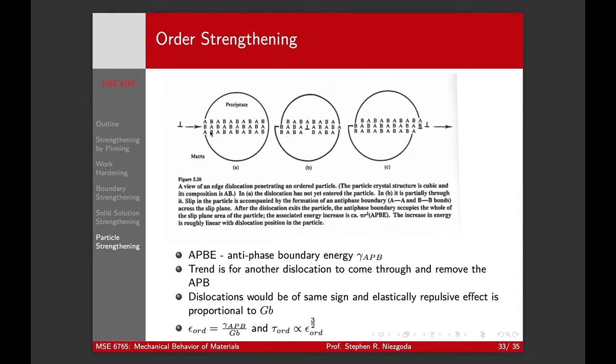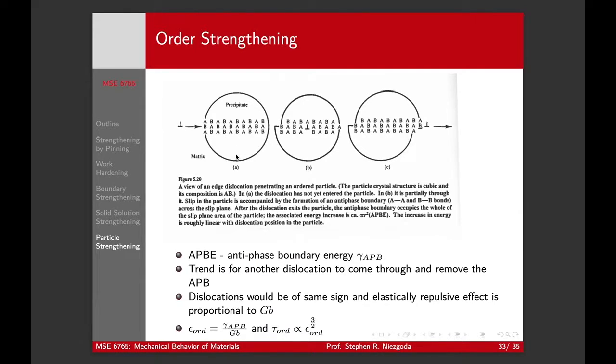We can imagine here we have a binary structure with composition AB, in an ordered lattice A, B, A, B, A, B, where A is completely surrounded by B and B is completely surrounded by A, kind of like a rock salt type structure.